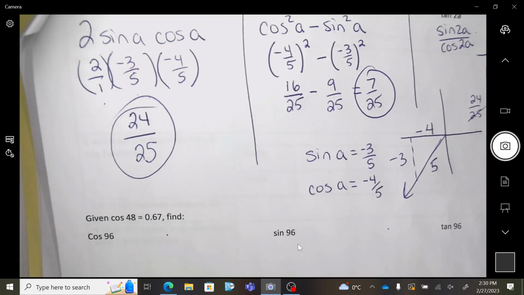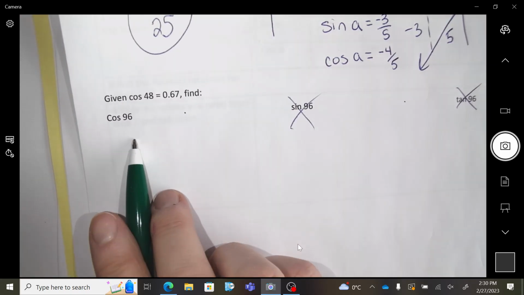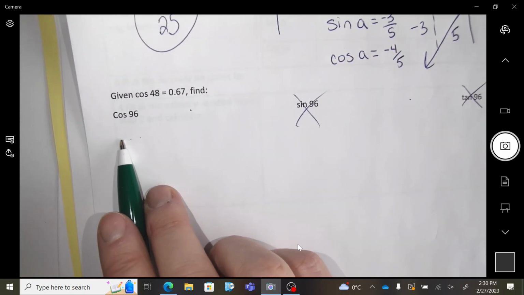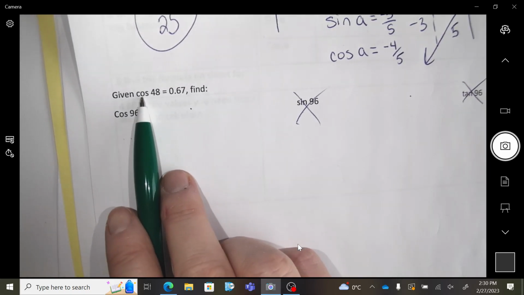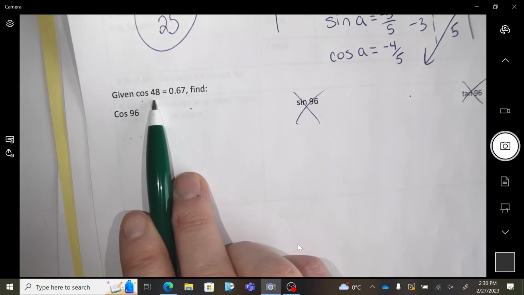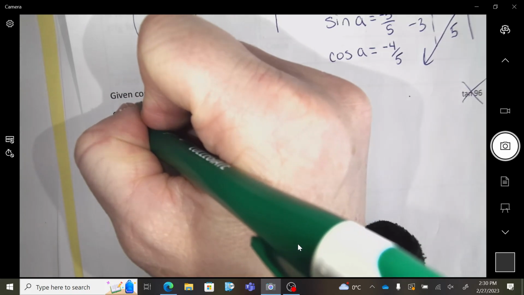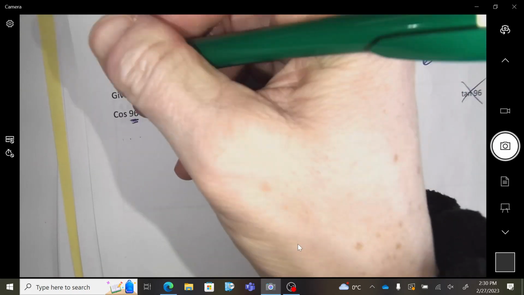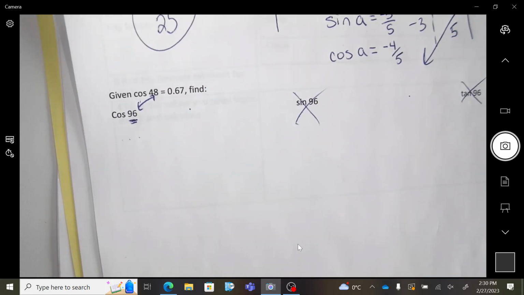Okay, looking at the next question. I think I'm just going to do the first part of it. Okay, so I gave you the trig value for cos of 48 degrees. I would like you to get me the cos for 96 degrees. What's the relationship between a 48-degree angle and a 96-degree angle?